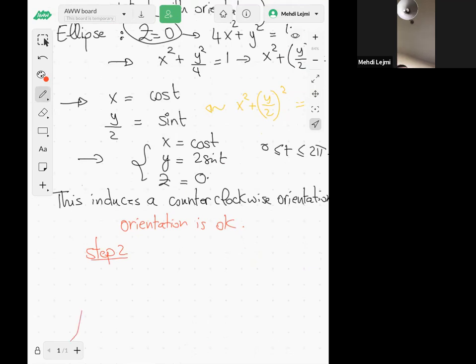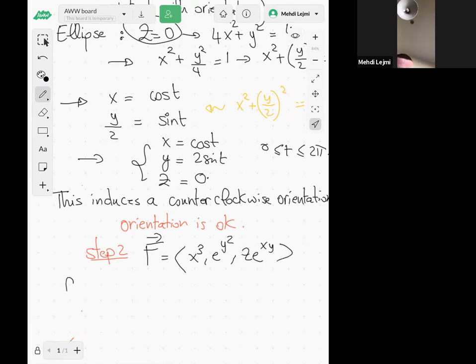My vector field F was x cubed, e to the y squared, z e to the xy.